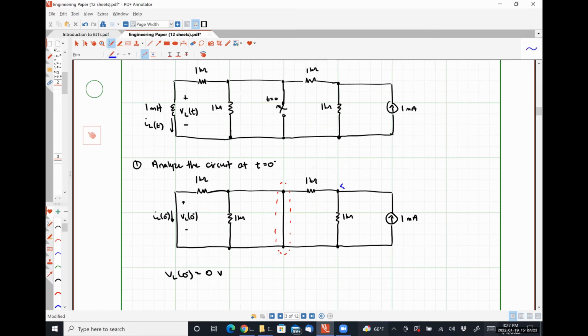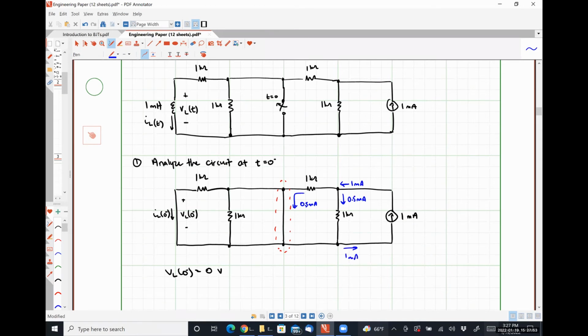1 milliamp of current is entering this node, and then it sees two paths, a 1 kilo ohm resistor and a 1 kilo ohm resistor, right? So half of it should flow this way. The other half of that 1 milliamp should flow this way. And then we know that we should have 1 milliamp of current here.